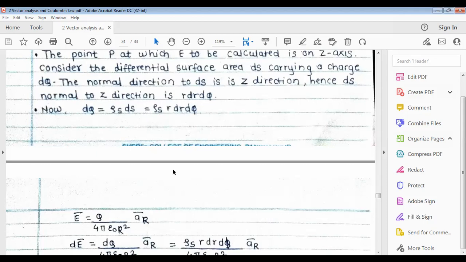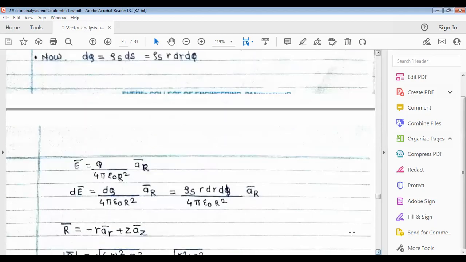Now we have to write the equation for E bar, that is electric field intensity. The general equation for E bar is Q upon 4 pi epsilon 0 r square into unit vector A bar r. Now we have to find it for the differential element. So the electric field intensity due to the differential element is dE bar, which is equal to, instead of Q, we can write dQ divided by 4 pi epsilon 0 r square into A bar r.